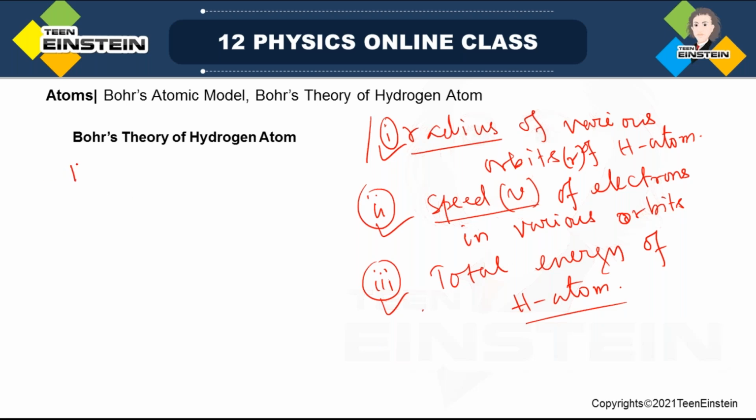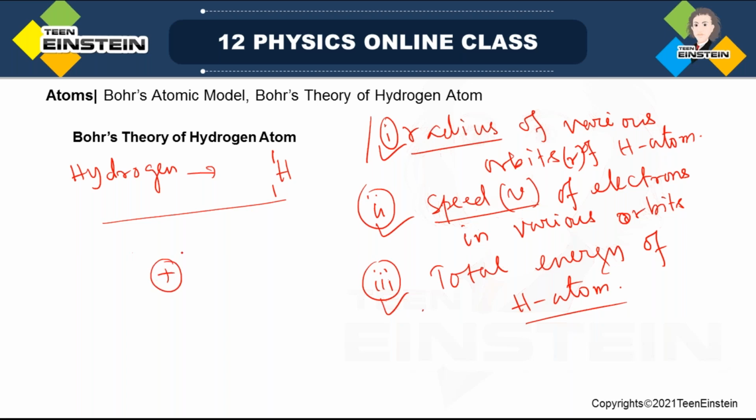So we know hydrogen has one electron and one proton. This is a very simple atom in the periodic table. We'll take the first Bohr postulate. What was that?